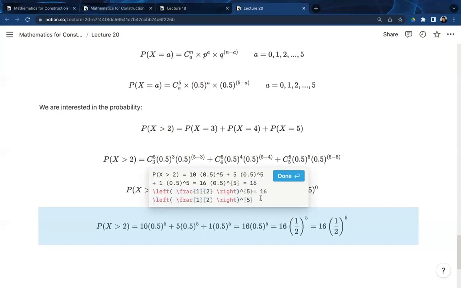This is 2 to the power 5, which is really 32.